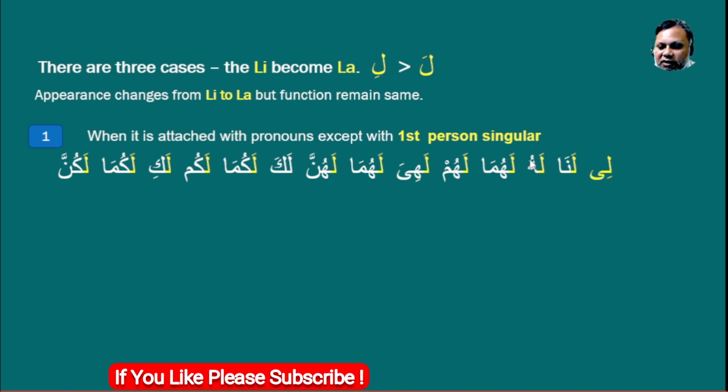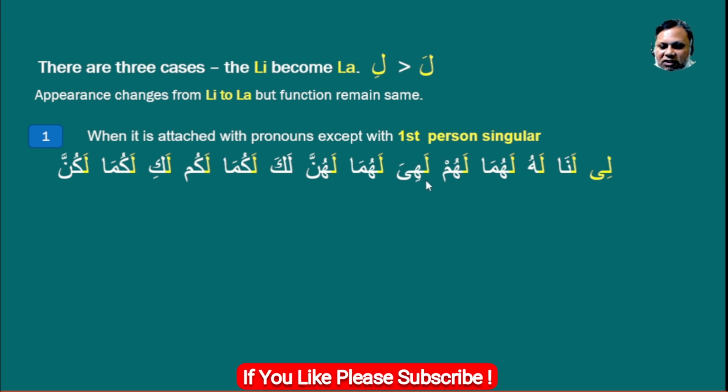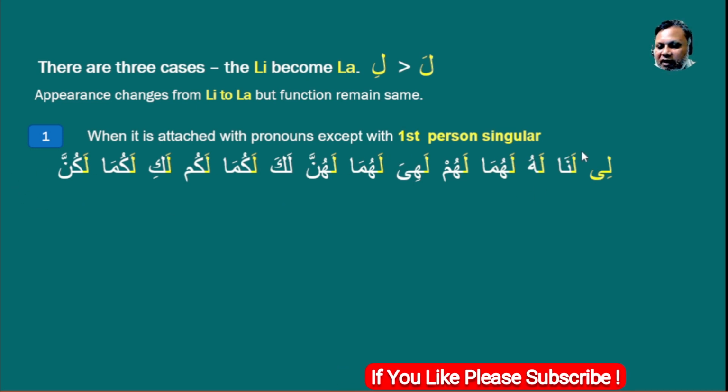And for who, meaning he, him, la who, for him. For them two, la huma. For them plural, la hum. Similarly, la hiya, la huma, la hunna, laka, lakuma, lakum, laki, lakuma, lakunna. These 14 object pronouns make this li become la whenever it is attached with the pronouns, except this one. This one, li remains li.